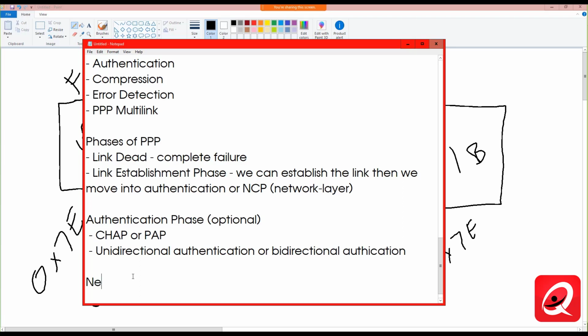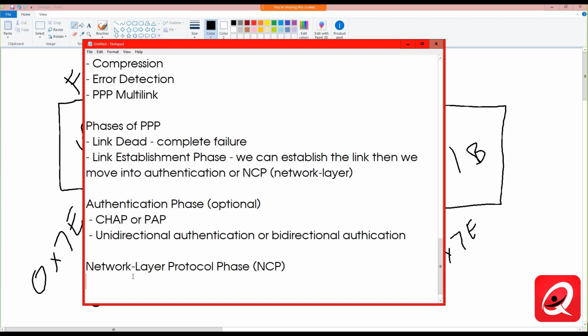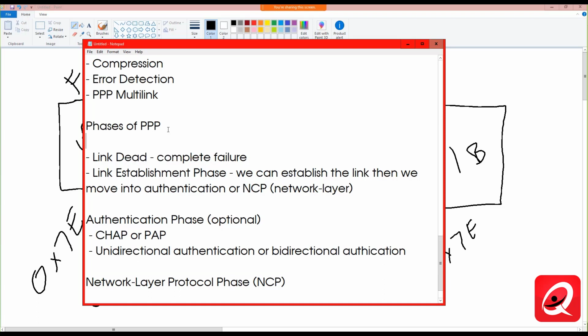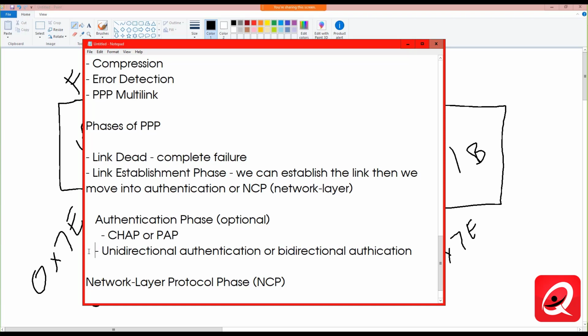So now we move into what we call the network layer protocol phase. Now this is obviously where NCP is going to be involved. So we've gone from a down state to our link establishment phase, and I should put some spaces here to indicate that that's still part of that link establishment phase. And then we move into our network control phase, which is really phase 2. All right.